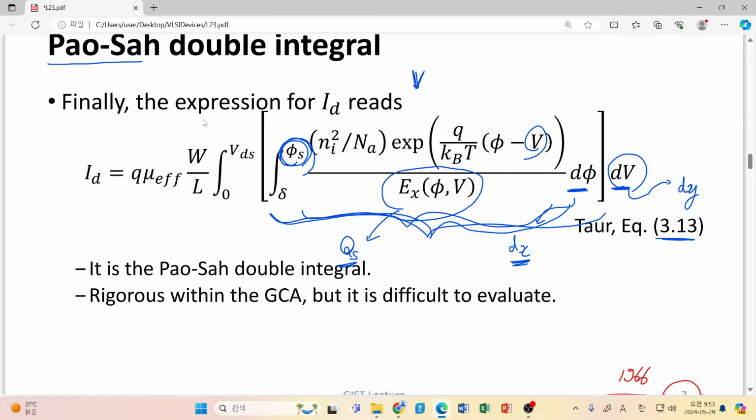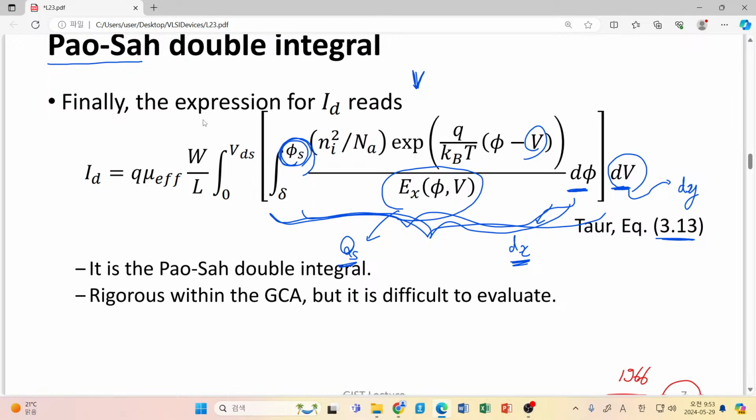So that's the reason why from now on we will introduce certain seemingly crude approximations to get real practical expressions. So are you all with me? I think that maybe at this stage all of you feel that, oh, the double integral sucks and I hate it.